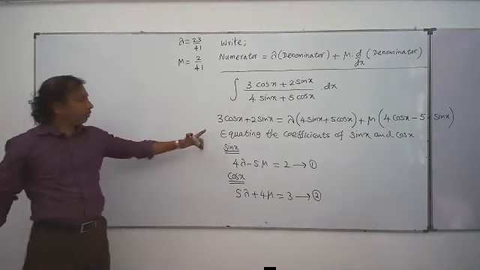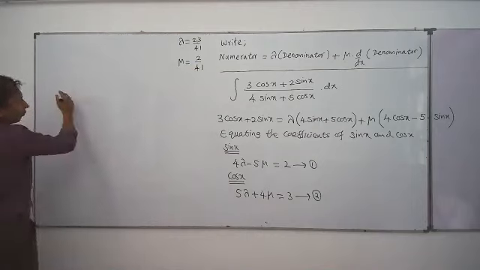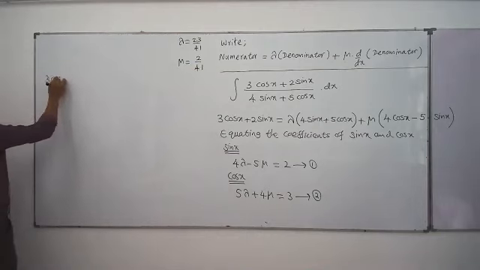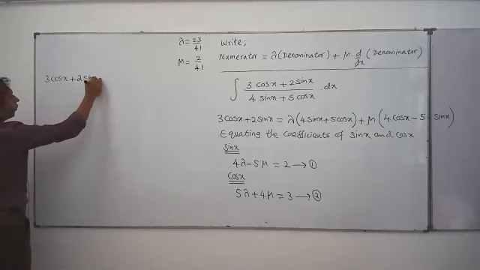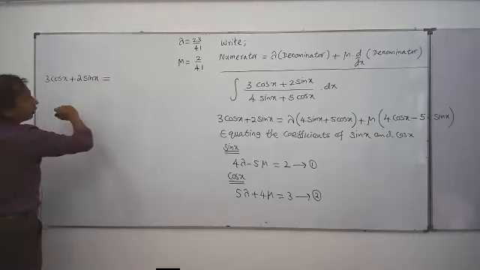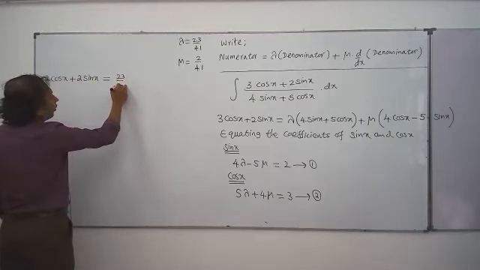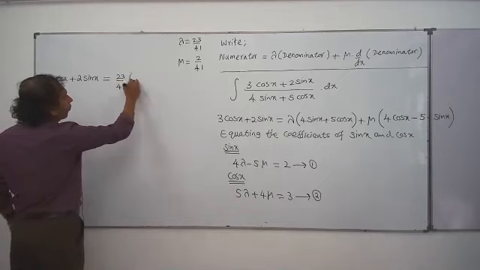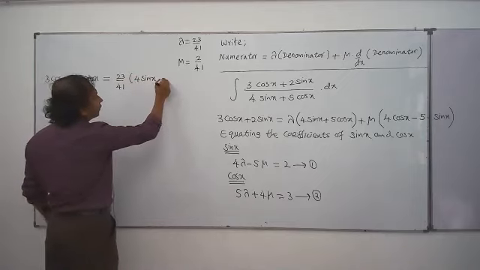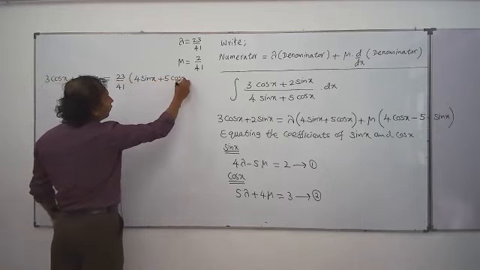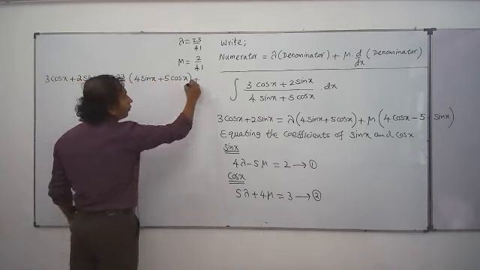Now if I write this, substituting for lambda and mu: 3 cos x plus 2 sin x is equal to lambda, 23 divided by 41, times 4 sin x plus 5 cos x, and mu.